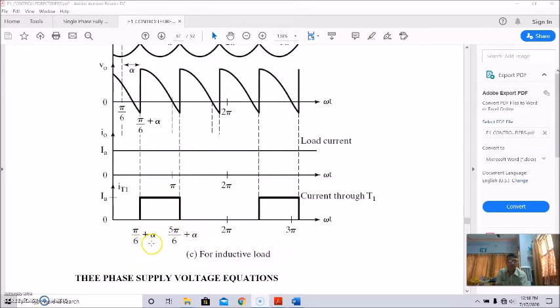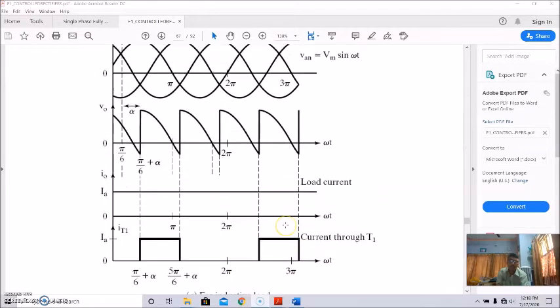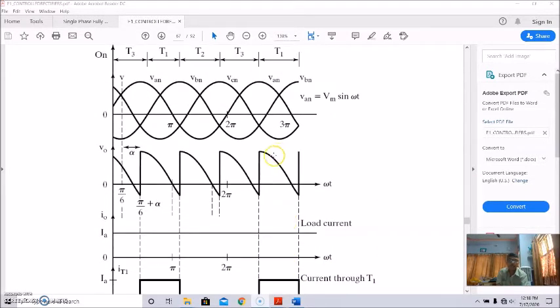This is from pi by 6 plus alpha to 5 pi by 6 plus alpha. That means alpha plus 30 degree to 150 degree plus alpha. That is the conduction period of thyristor 1. Similar things will happen for thyristor 2 and 3 as well. So for this highly inductive load, this is shown for the A phase only, where thyristor 1 is triggered.